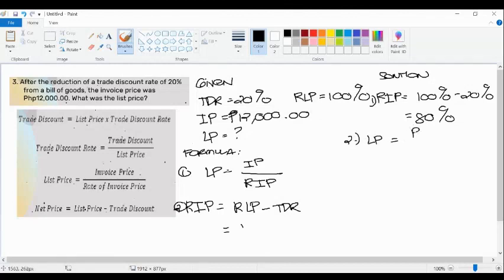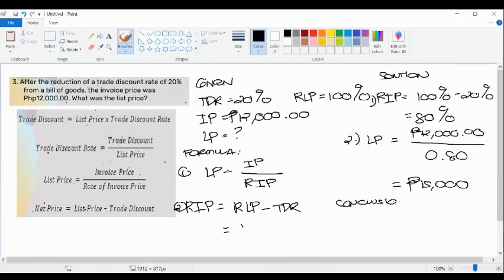That is invoice price of 12,000 pesos divided by your rate of invoice price, that is 80% or 0.80. So therefore, it will give you an answer of 15,000. Your conclusion will be the list price is 15,000 pesos.